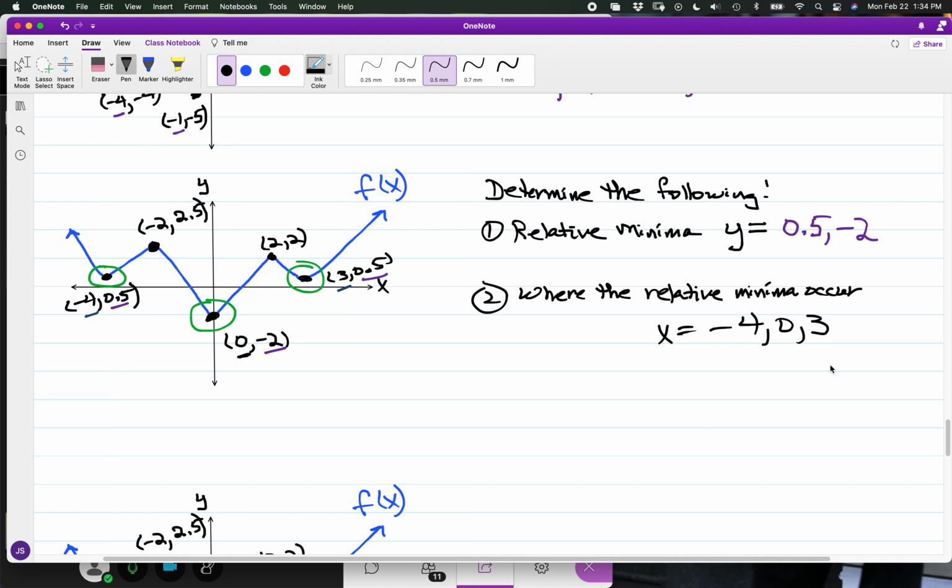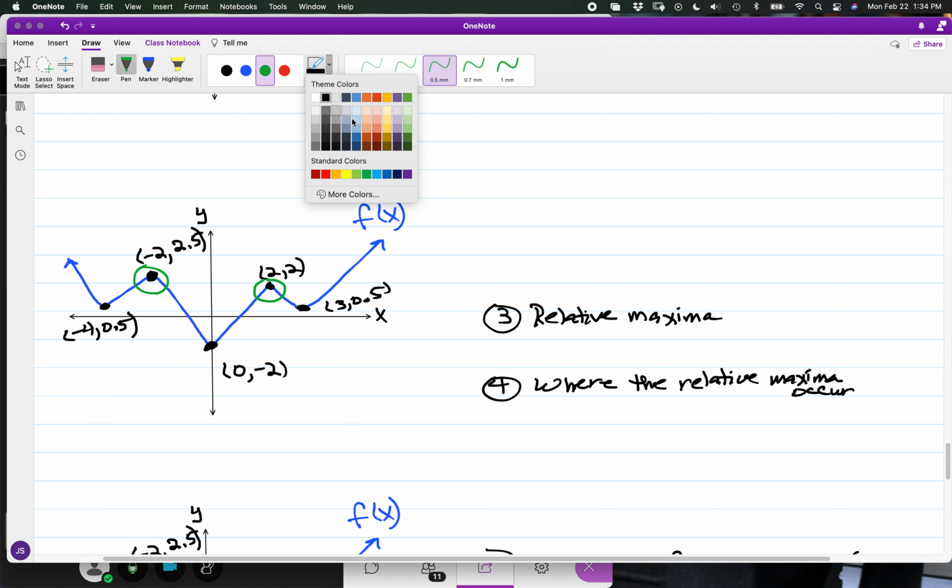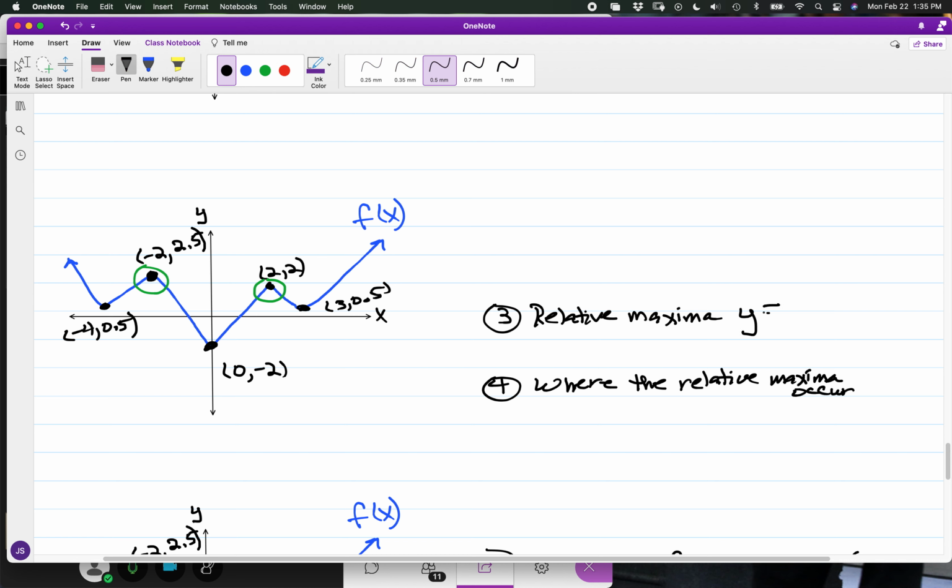Now for the relative maximum, same graph, and different items we're looking for. You have your relative peak points, and there are going to be only 2 of these. For the relative maximum, you're looking for the y values and where the relative maxima will occur, the x values.